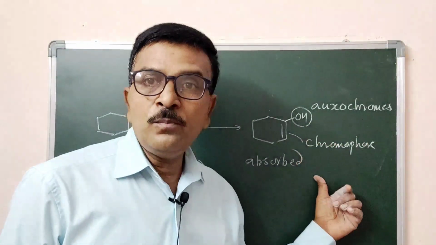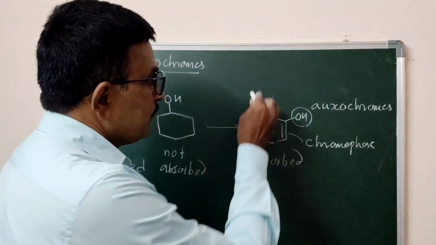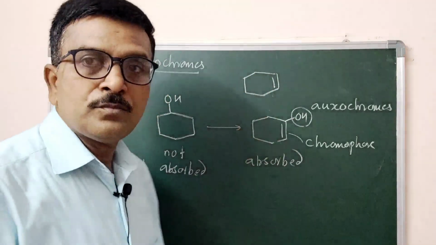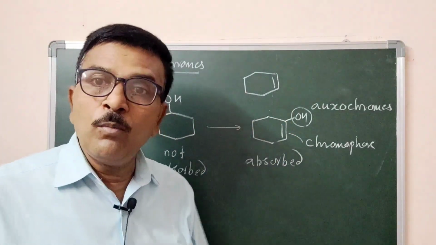Here this is the auxochrome, this is the chromophore. Now you can compare the difference between these two. A cyclohexene with only the chromophore.